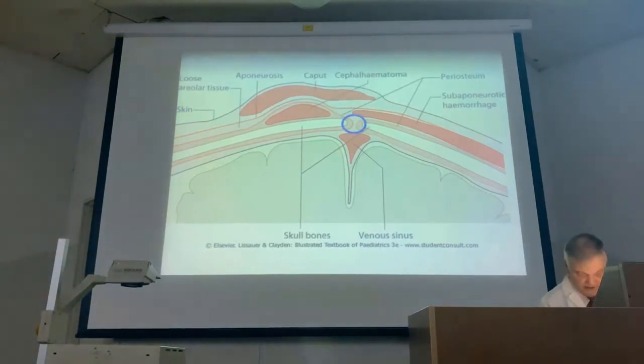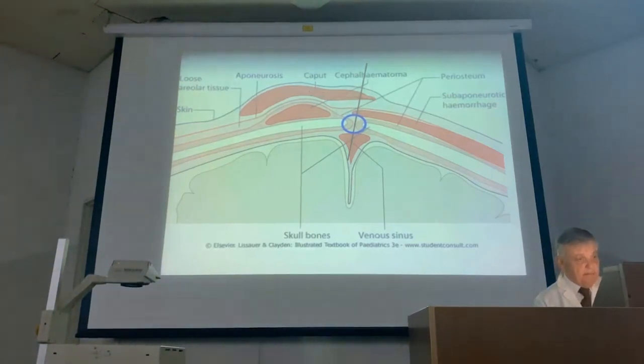This circle is around what? It is around a suture. You have a skull bone on the right, and on the left is another skull bone. And here is the route of infection.